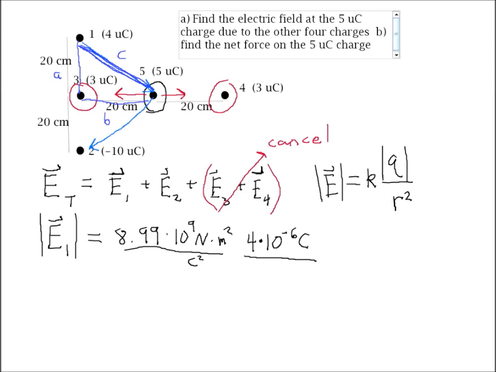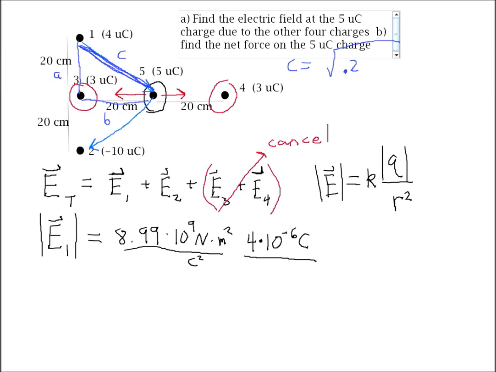Since A squared plus B squared equals C squared, it's also true that C is equal to the square root of A squared plus B squared.